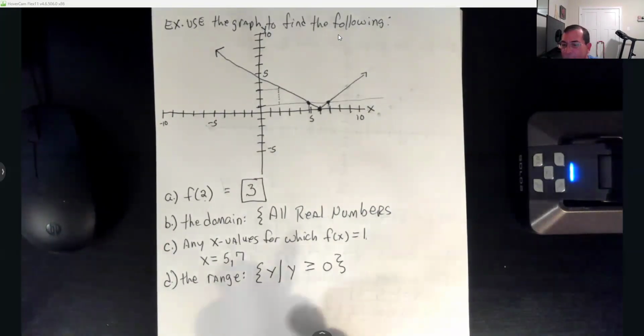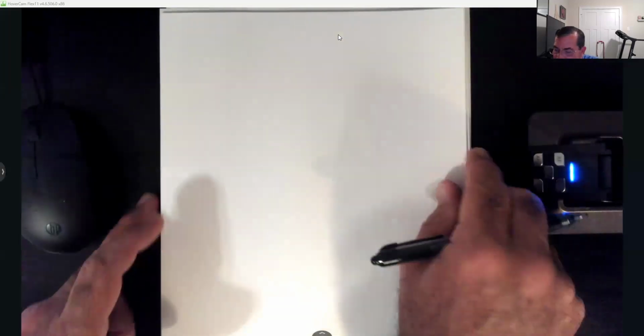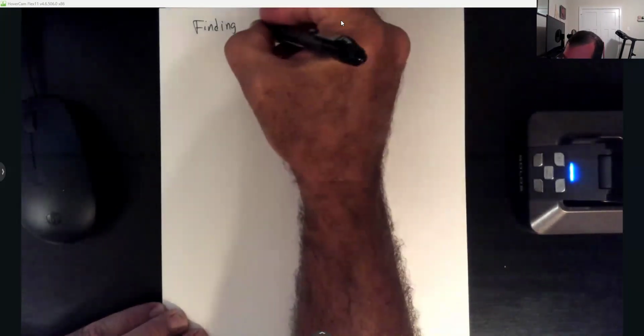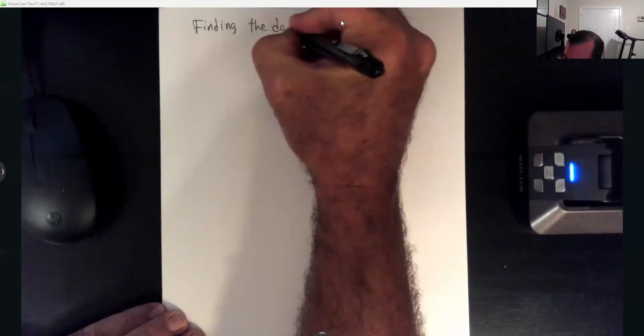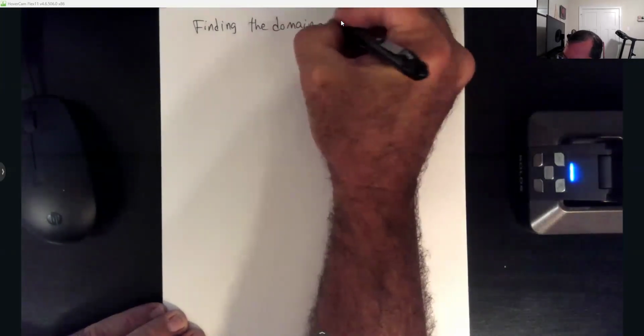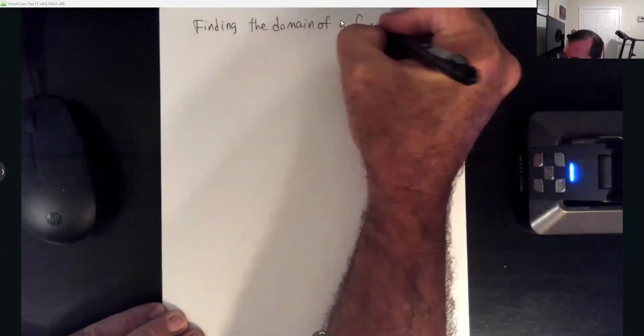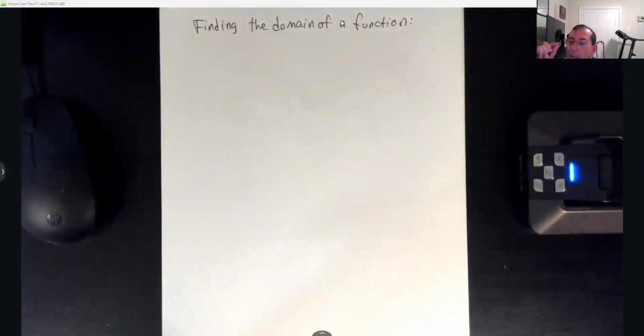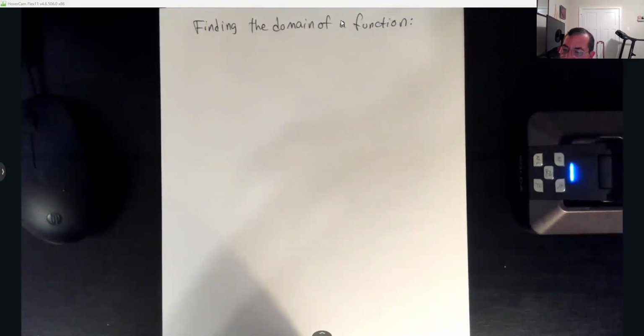All right, y'all, but we're here to do function stuff. So we're going to find the domain of a function. So finding the domain of a function. Now, here's the thing you got to realize about a domain.